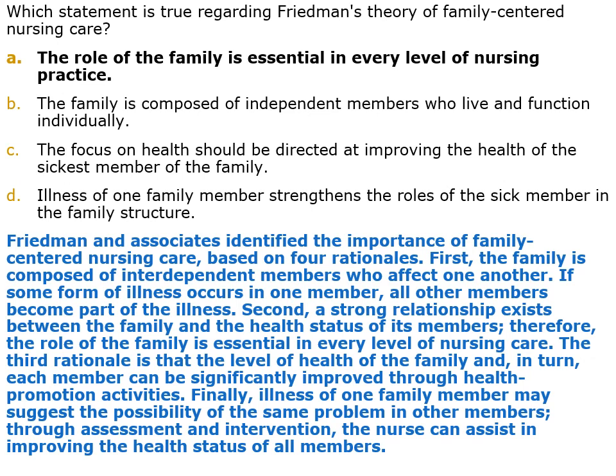The third rationale is that the level of health of the family, and in turn each member, can be significantly improved through health promotion activities. And finally, the illness of one family member may suggest the possibility of the same problem in other members. Thorough assessment and intervention by the nurse can help improve the health status of all members.